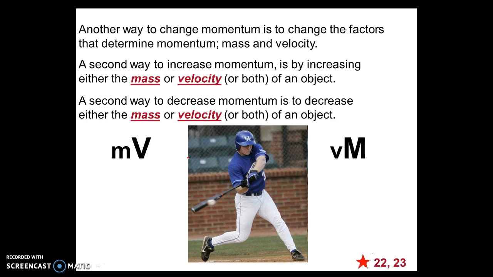You increase the swing speed, increasing your velocity, and obviously increasing the momentum of the ball. Also, if you change the weight of the bat, it's going to affect how much momentum you get in the swing. If you increase the weight of the bat, velocity is going to decrease, but mass will be affected.